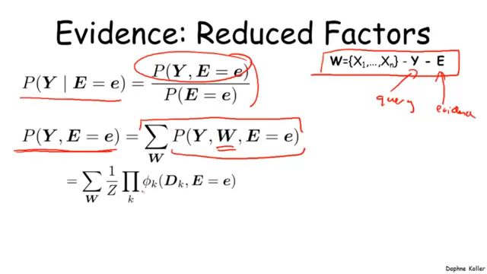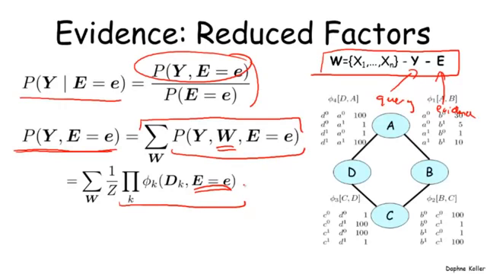And that product of factors is only those components of those factors that are consistent with my evidence E equals little e, which means I reduce the factors by the evidence.